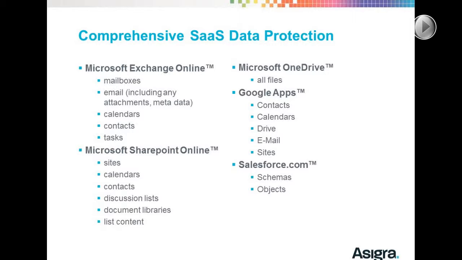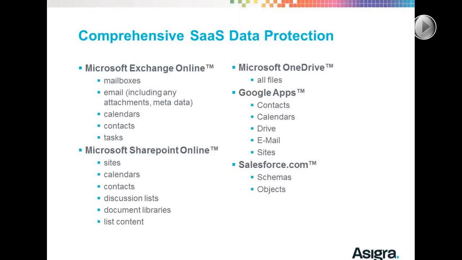And a key thing to point out about this protection is that if you need to recover, you can recover just specific items. So you can recover individual emails, individual tasks, etc. It's not an all or nothing restore. Furthermore, when deciding what you want to back up, you can decide, I only want to back up tasks, for example, or I only want to back this or that.